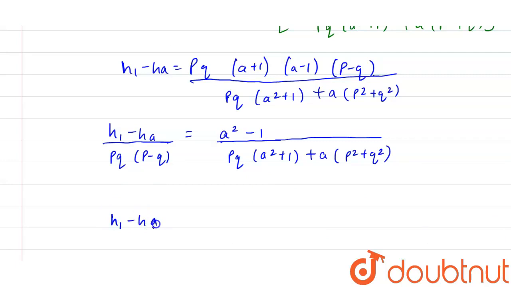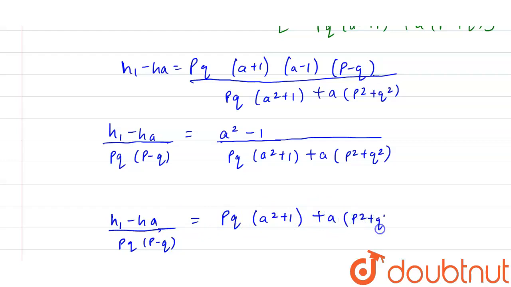So we get h1 minus ha divided by pq into p minus q equals pq multiplied by a square plus 1 plus a multiplied by p square plus q square, and we also have in the denominator pq times a square plus 1 plus a times p square plus q square.